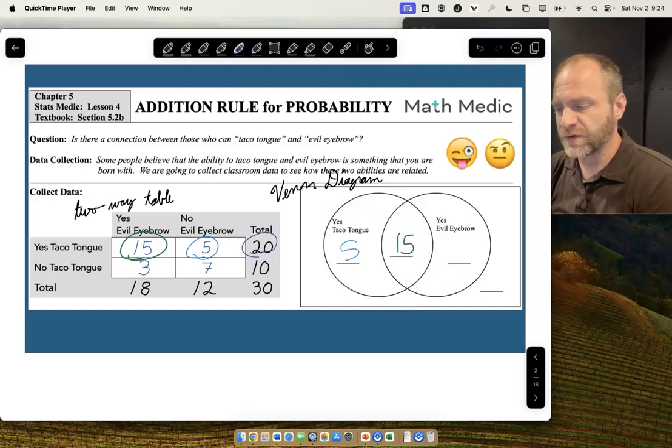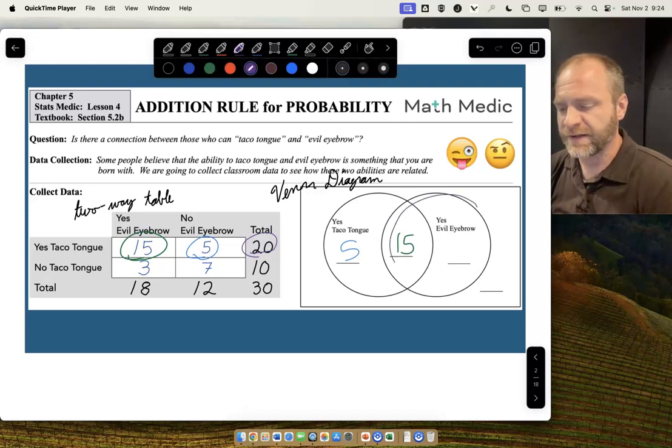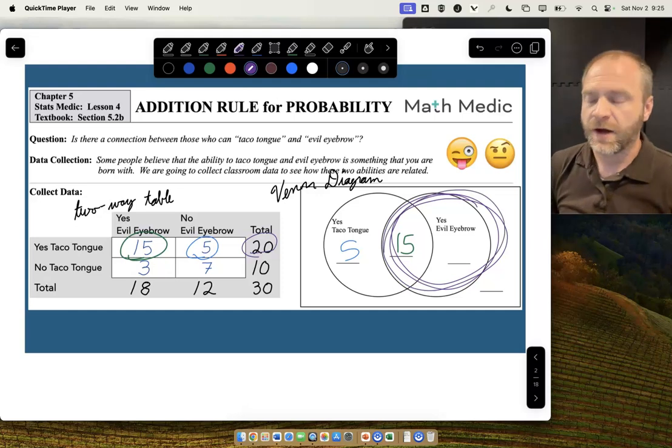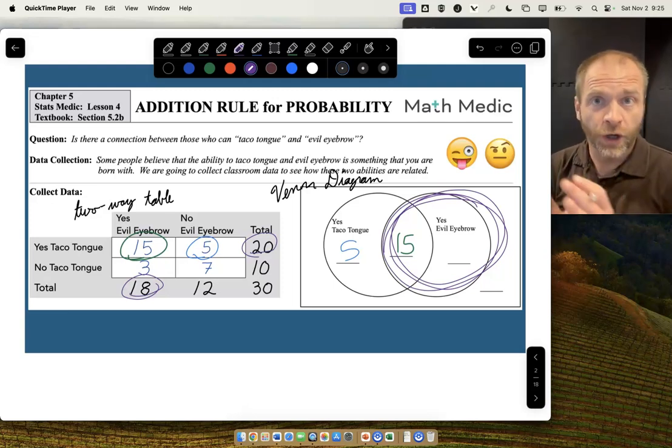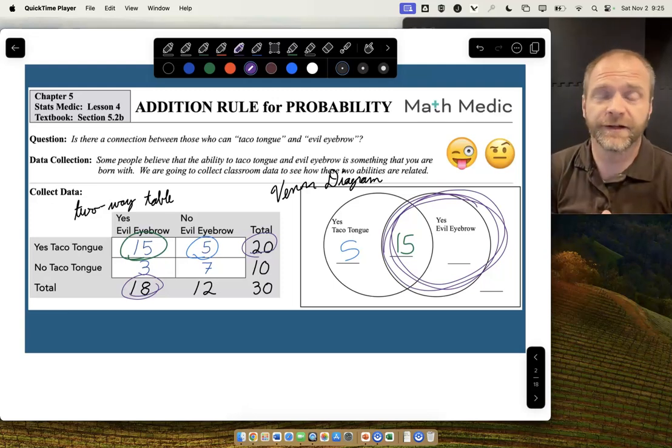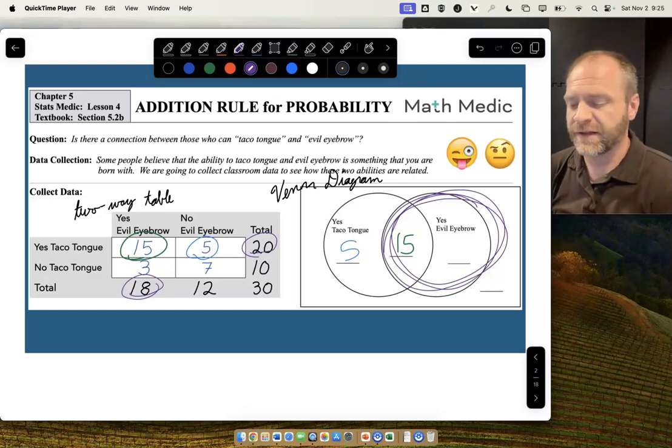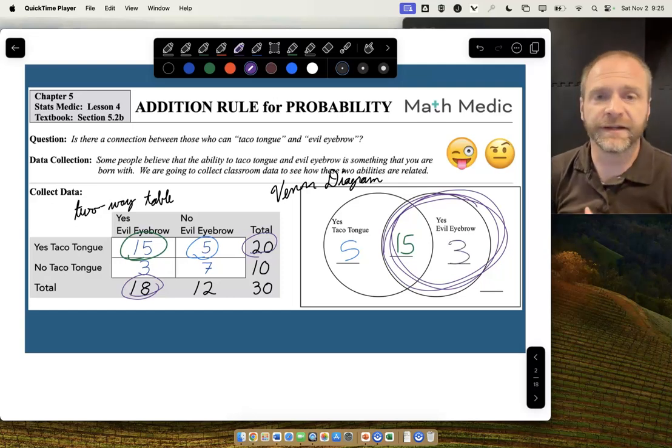If we look at those who can evil eyebrow, this circle right here, the number of students who can evil eyebrow is 18. 15 of them were already accounted for because they're very talented and can do both, which means that 3 of them have to be here.